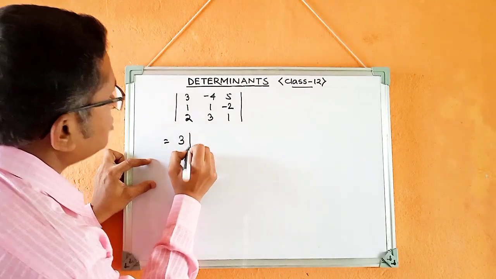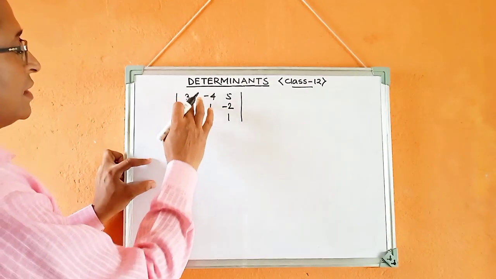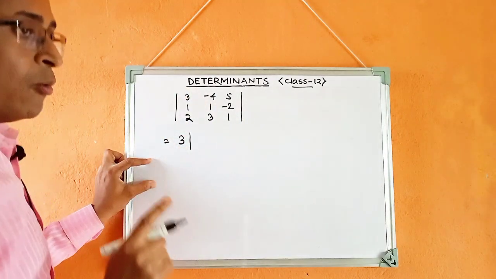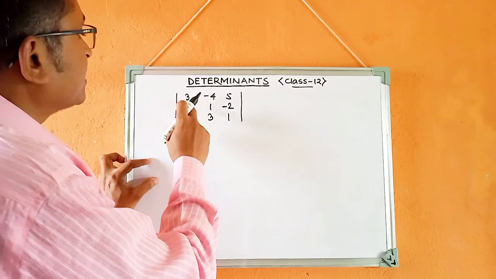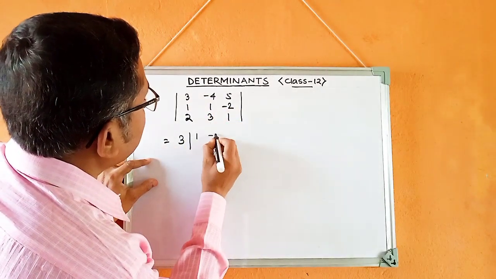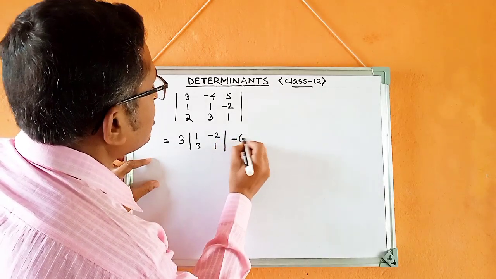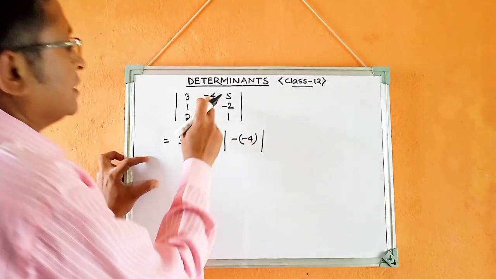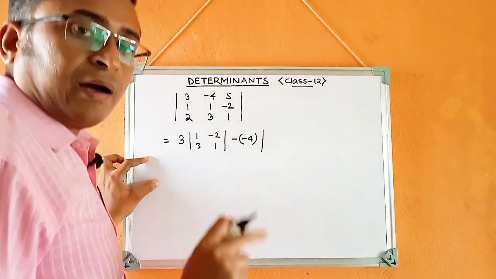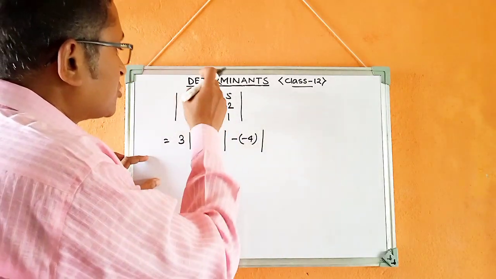3 into the determinant after deleting the ith row and jth column. That means this element is 3, that is A11, so deleting the first row and first column, what remains is 1, minus 2, 3, 1. Okay, then minus of minus 4, this element is in the first row second column.